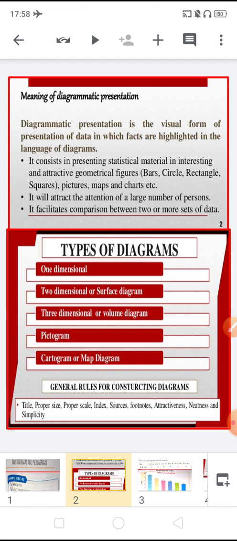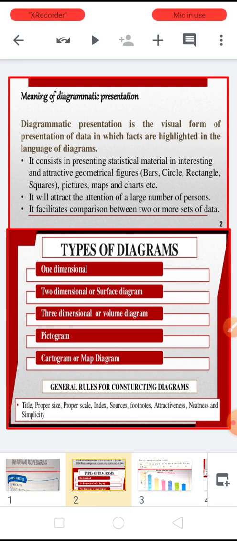So children, an important function of statistics is the presentation of the complex mass of data in a simple way, so that it becomes easier to understand. That we have already understood. And classification and tabulation are basically the techniques that help in presenting the data in an intangible form. However, with increase in the volume of data, it becomes more and more inconvenient to understand even after its classification and tabulation.